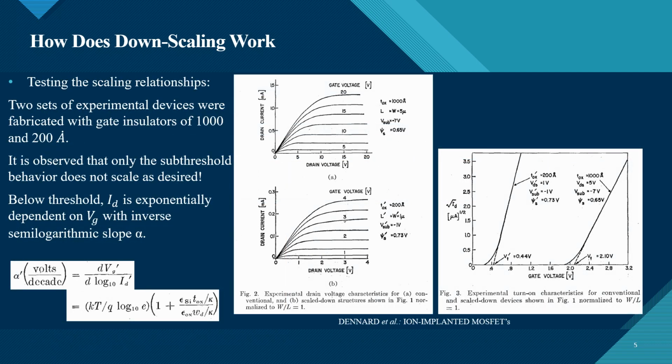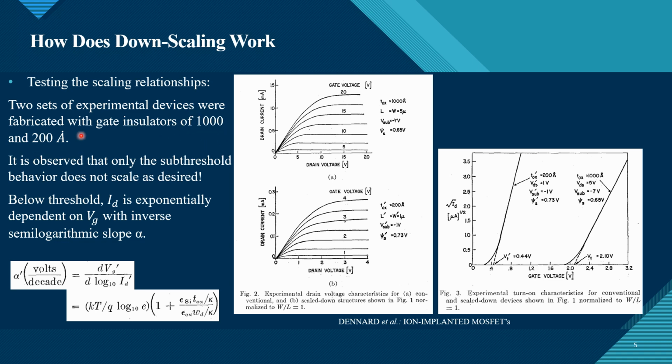Authors of the paper also conducted an experiment to verify the results. Two sets of experimental devices were fabricated with gate insulators, or the gate oxide thickness, of 1000 and 200 angstrom.